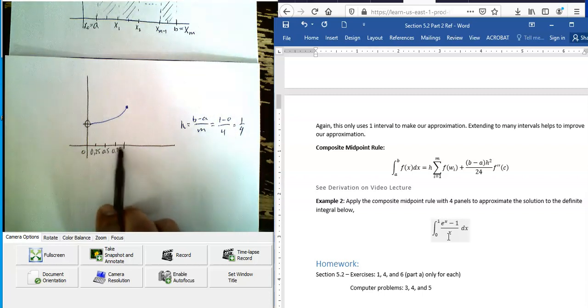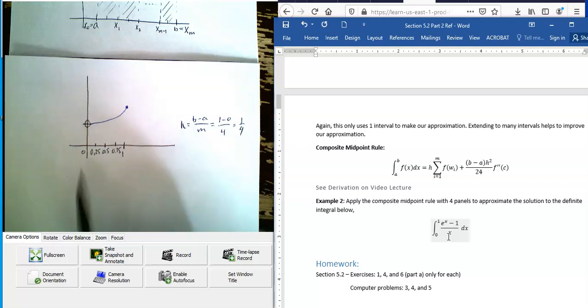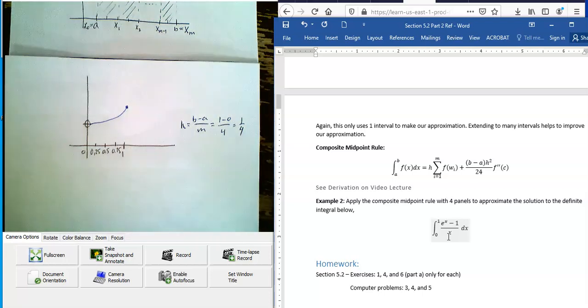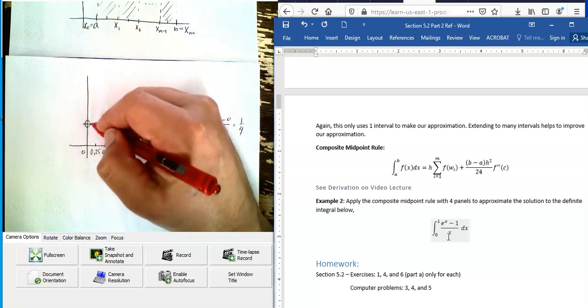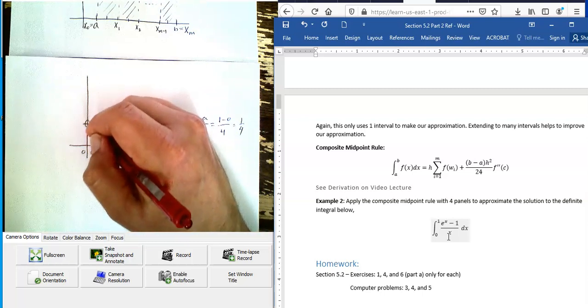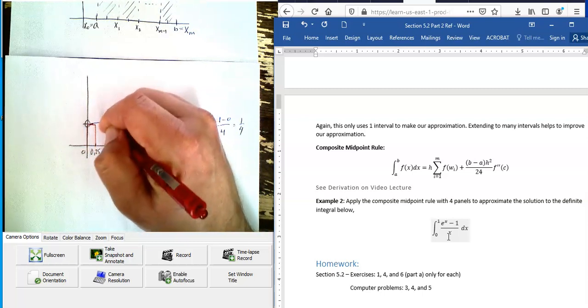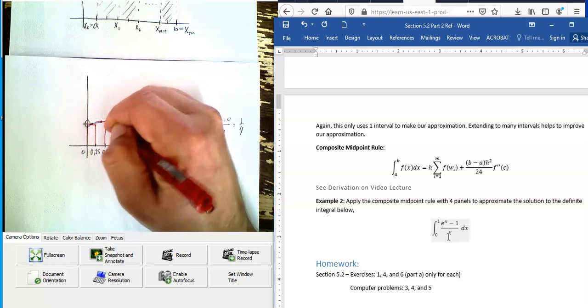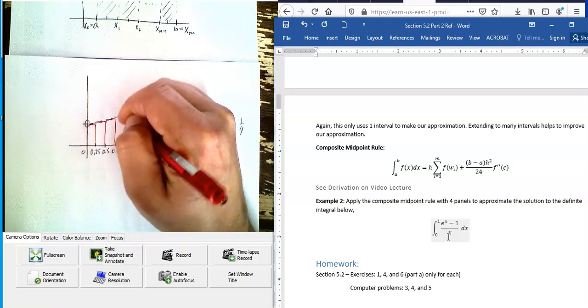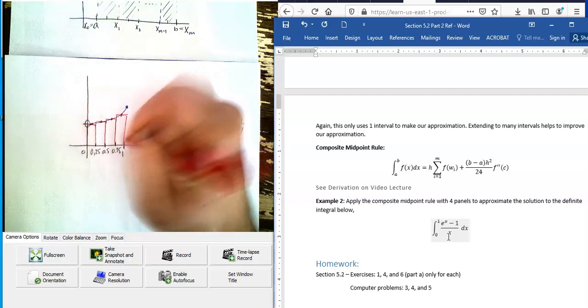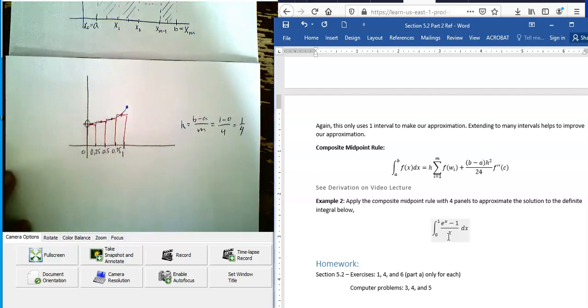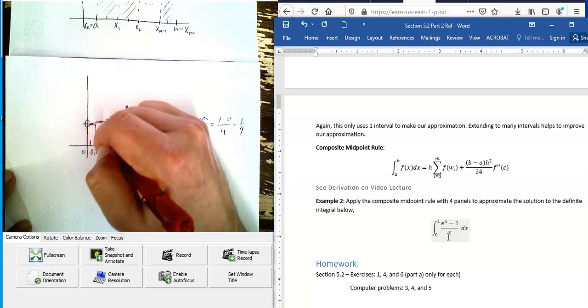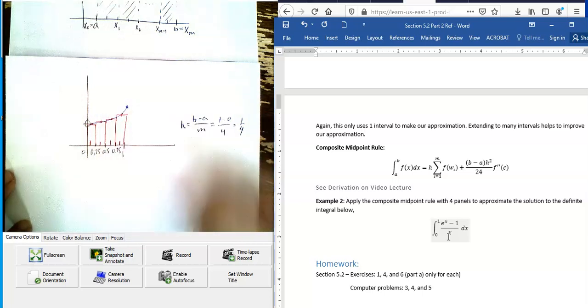So we have partitioned the axis into four pieces. Now what we want to do is use the midpoint of each of these intervals to make a rectangle to approximate the value of the integral. So we need these midpoint values in our calculation.